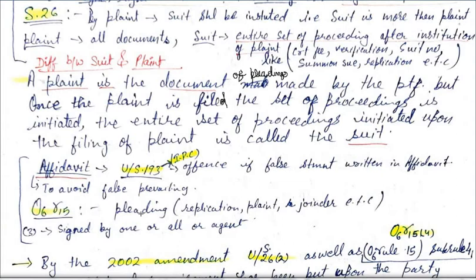The amendment was made in 99 but it came into force in 2002, and as per that amendment it is not only the verification that you have to make, but along with the verification you will have to make an affidavit before the oath commissioner, and that affidavit also has to be filed.